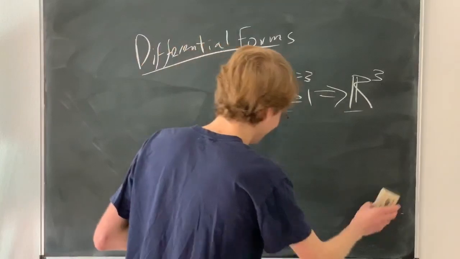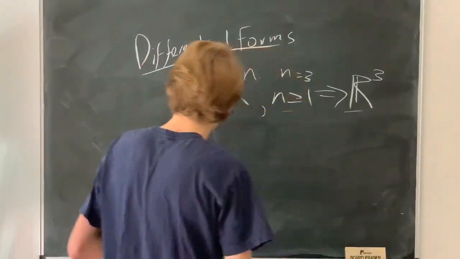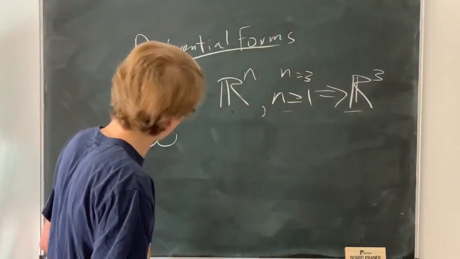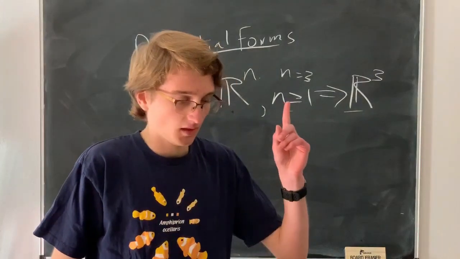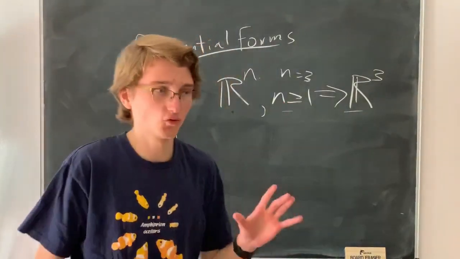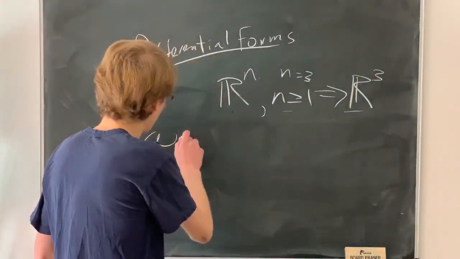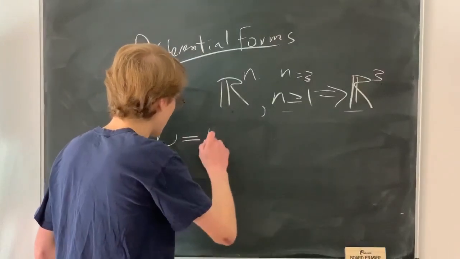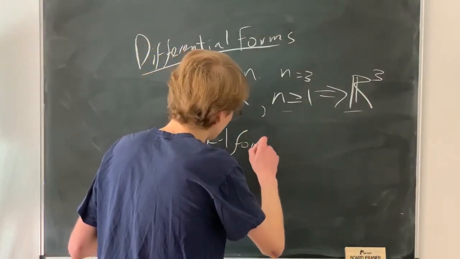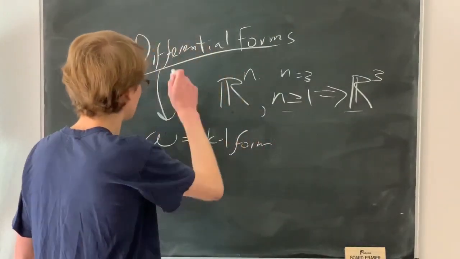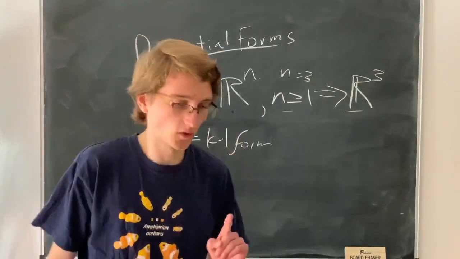We're almost there. One last thing, omega. This is the Greek letter omega. If our manifold is a K form, then this is a K-1 differential form.